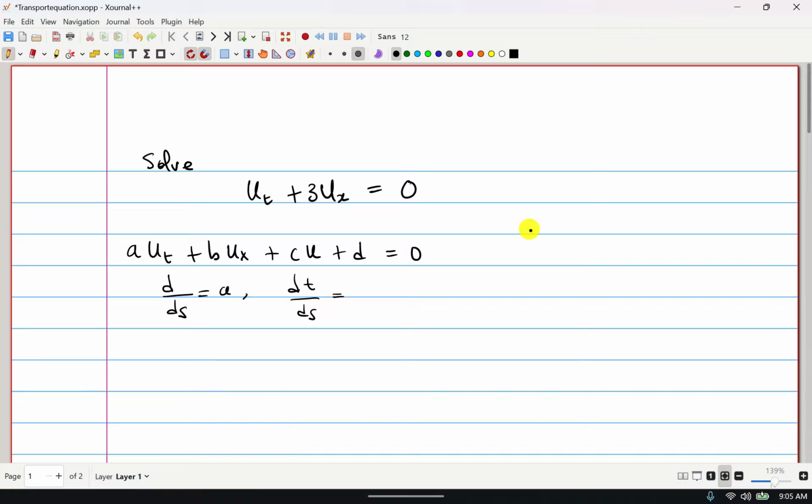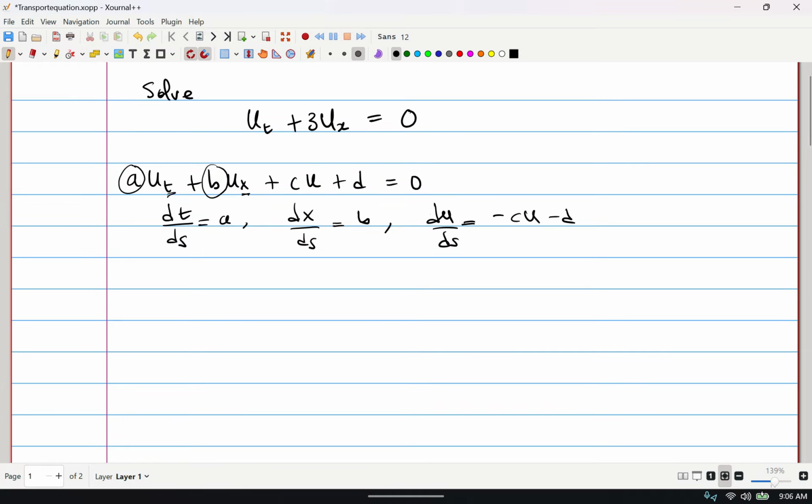And then the last one is du ds is equal to minus cu minus d. Then when you solve the system and you are able to eliminate every other parameter or variable by keeping only the x and t, that is what we call the method of characteristics.